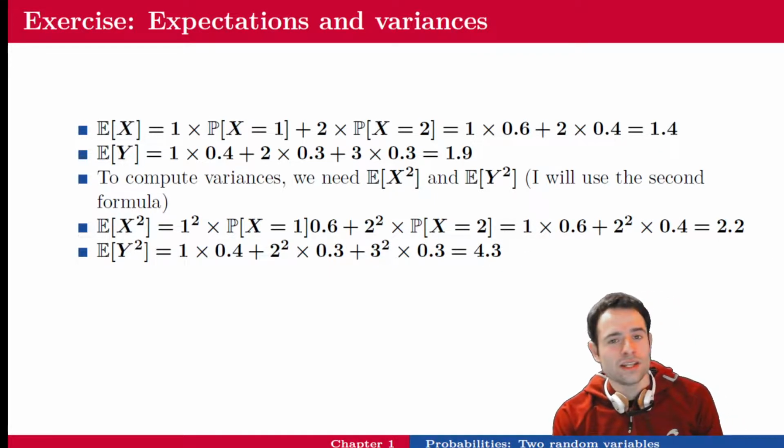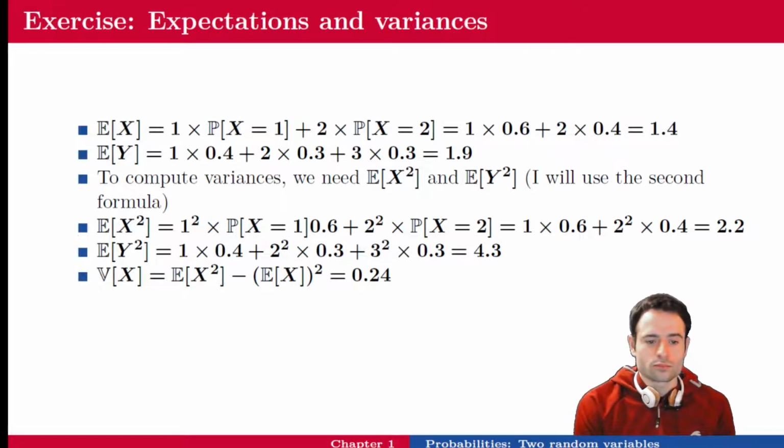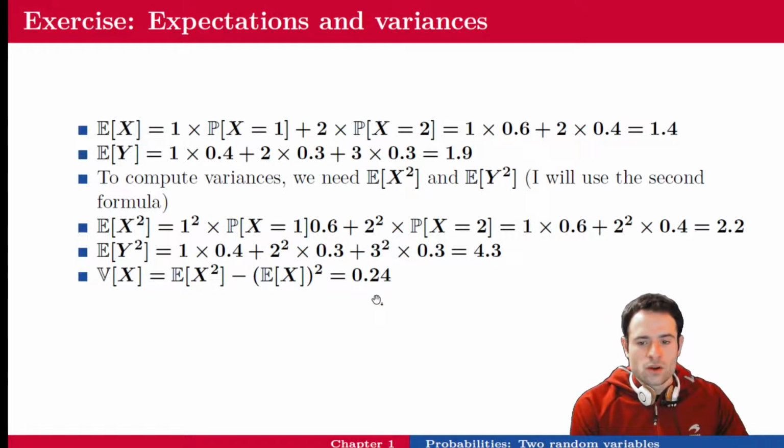Now, I am ready to compute the variance. The variance is going to be this 2.2 minus the expectation of x I found here, 1.4 squared. 2.2 minus 1.4 squared will be equal to 0.24.